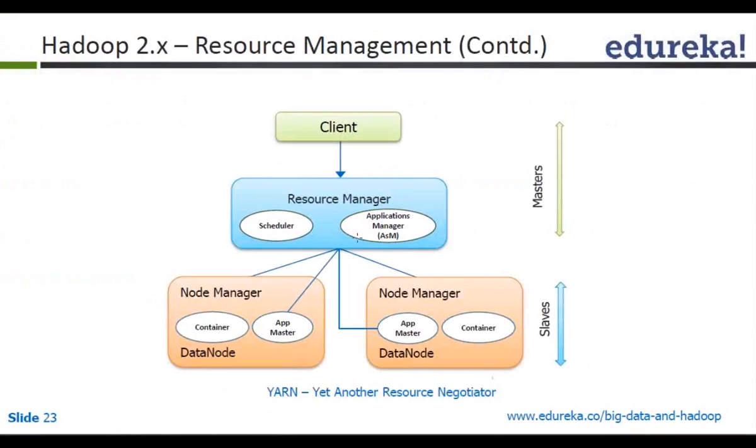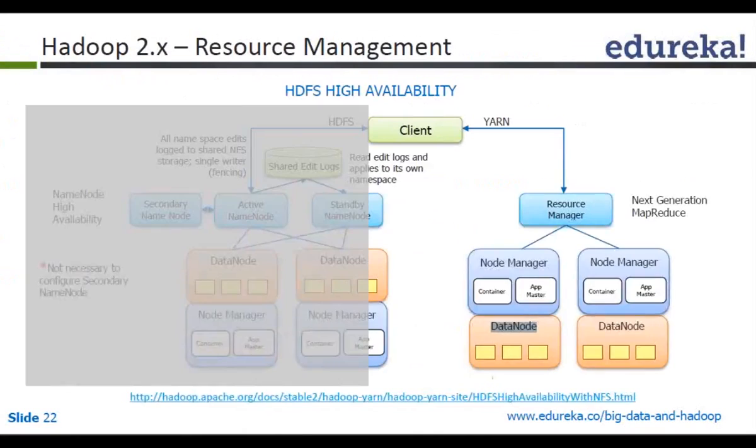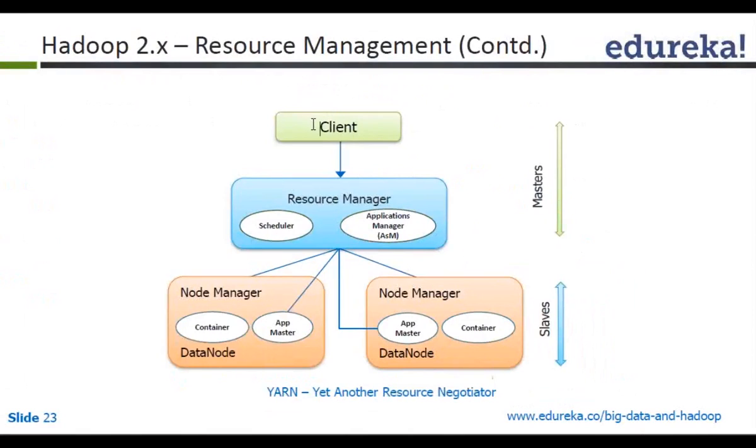Okay? Let me go back to the earlier slide. I was talking to you about the client submitting a request to the resource manager. Resource manager, that is a master, would have a scheduler. Scheduler is a way how it schedules multiple jobs to be executed in the different nodes. There is going to be an applications manager. So this is the component which will start the application master per job on a respective node manager.